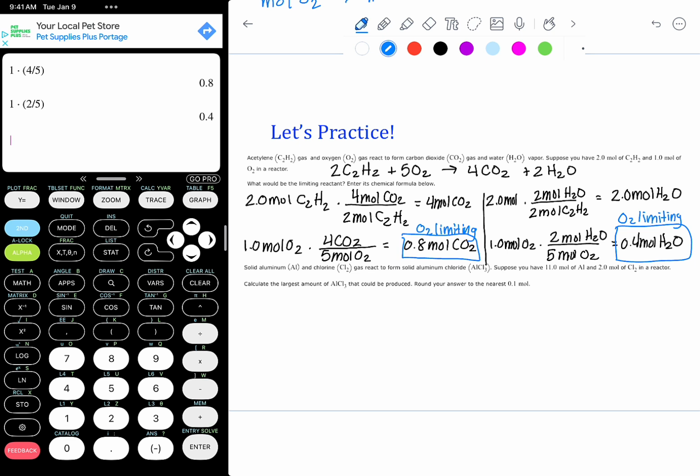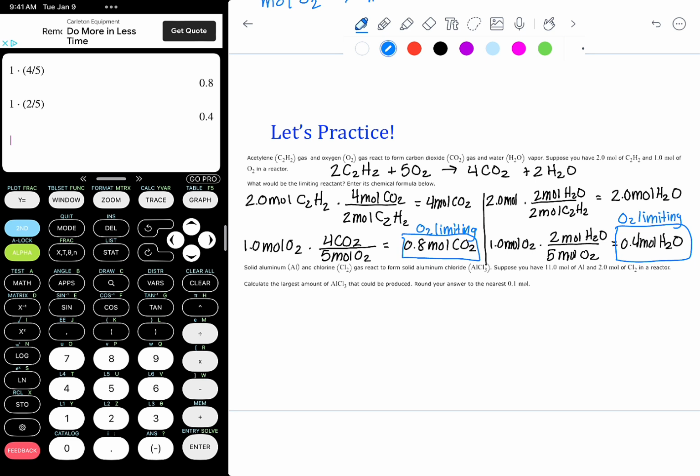Okay, next up we have solid aluminum and chlorine gas react to form solid aluminum chloride. Suppose you have 11 moles of aluminum and 2 moles of chlorine in a reactor. Calculate the largest amount of AlCl3, aluminum chloride, that could be produced. Round your answer to the nearest 0.1. Now, this problem does have some word trickery in there.